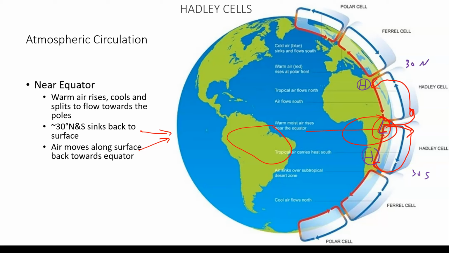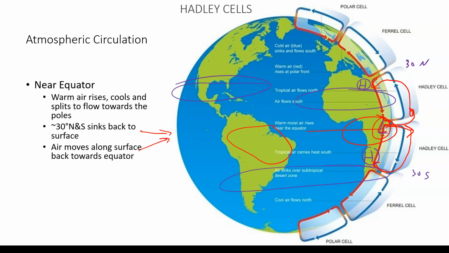Now, again, keep in mind low pressure, rising air, increased precipitation. High pressure is signified by sinking air and decreased precipitation. All right. So much of our desert formation around the globe occurs, not exclusively, but much of it occurs at 30 degrees north and south.